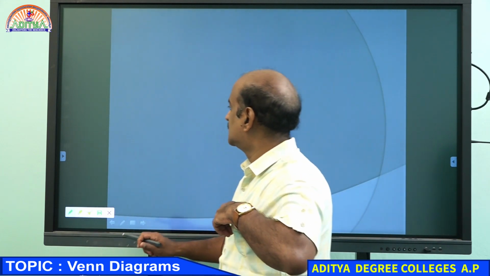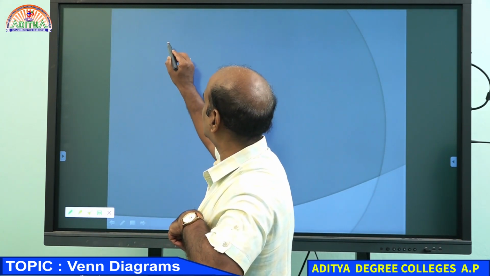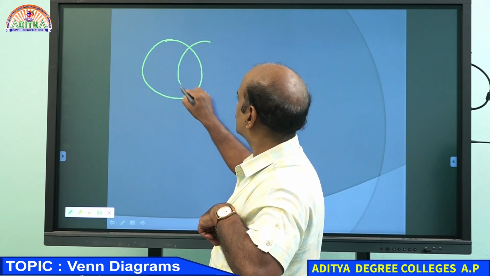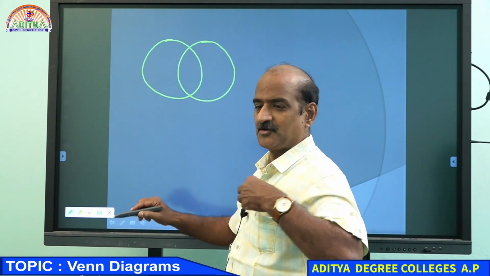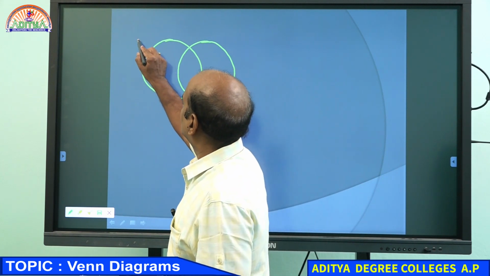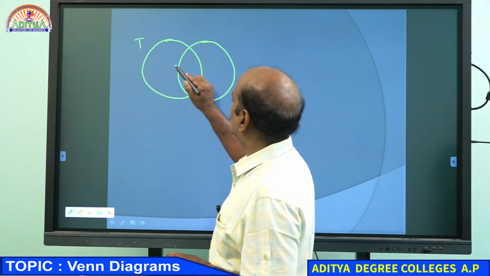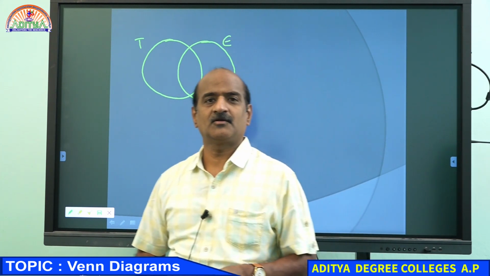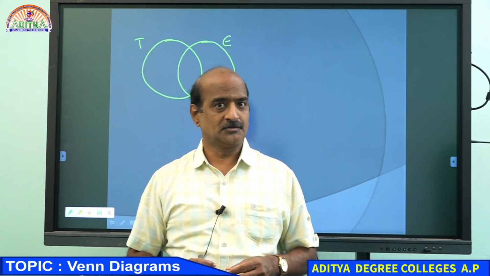For example, students, if I give you one particular diagram, something like this. Please listen to me. This is the people who like Telugu language, and this is the people who like English language. I will put some questions to you, and you are supposed to answer.